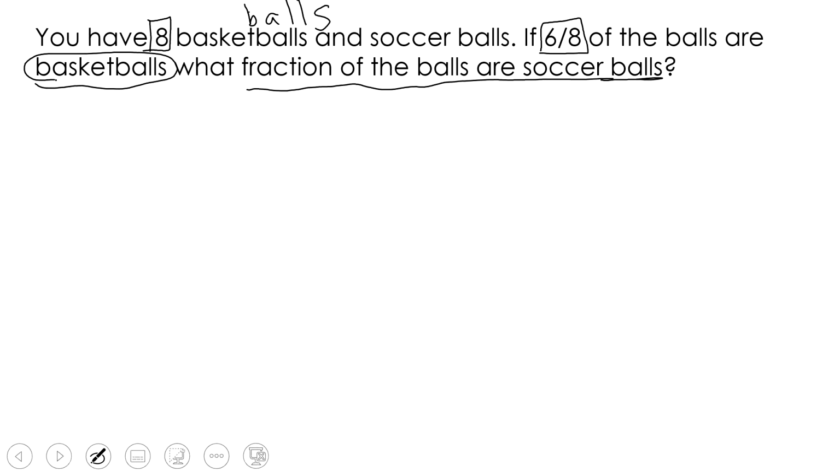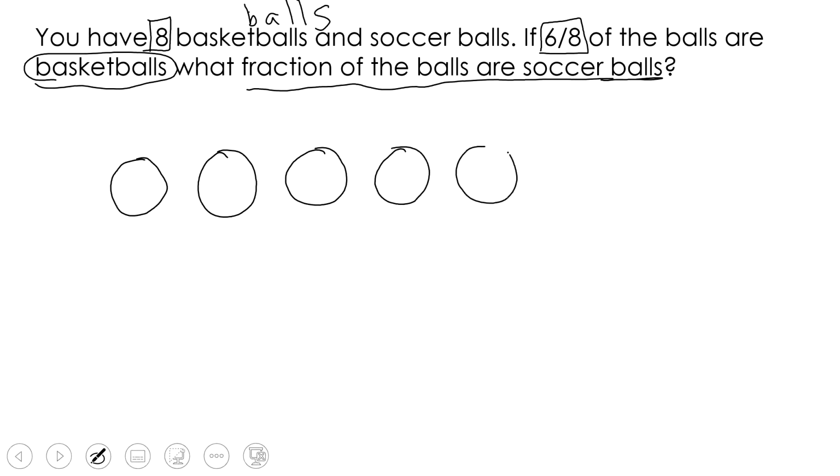I know that I have 8 balls, so that's what I'm going to draw first. 1, 2, 3, 4, 5, 6, 7, and 8. And I know 6/8 of the balls are basketballs. So I'm going to make 6/8 of these basketballs.